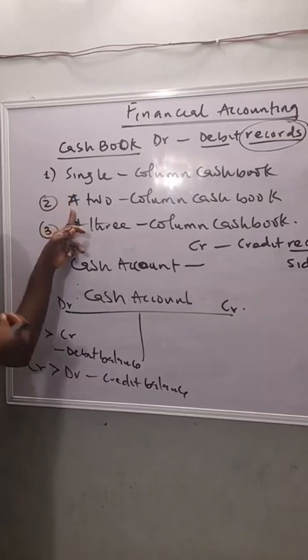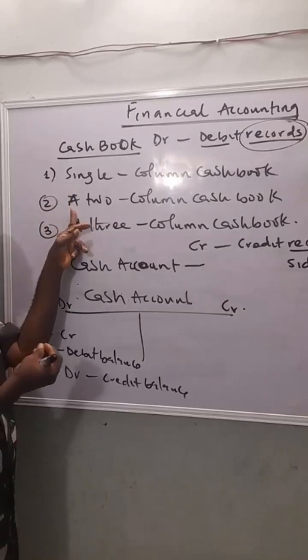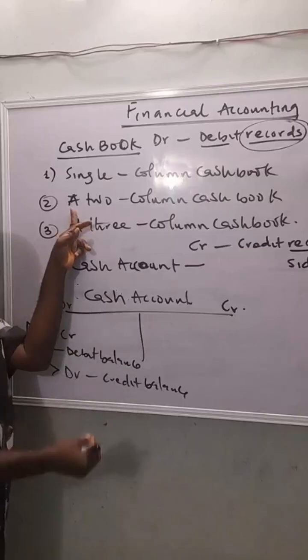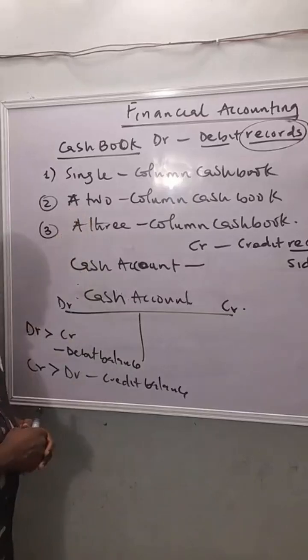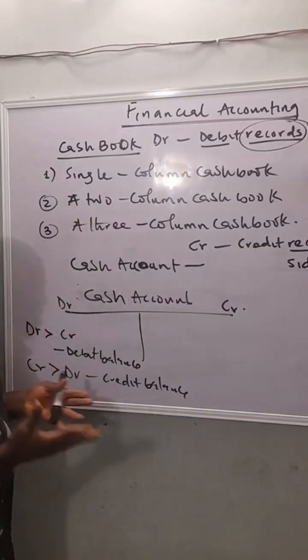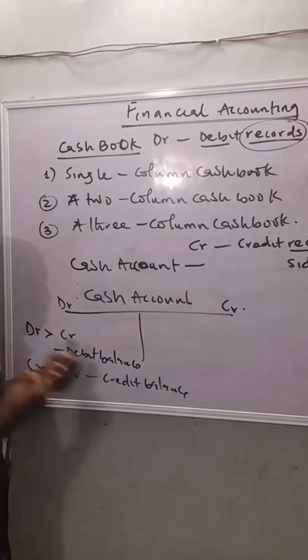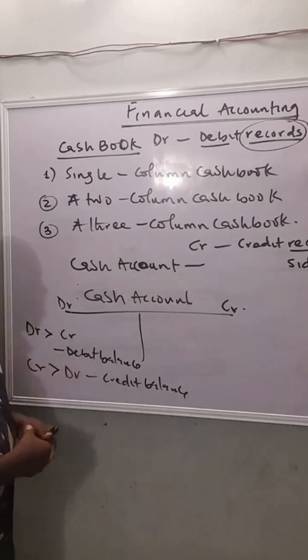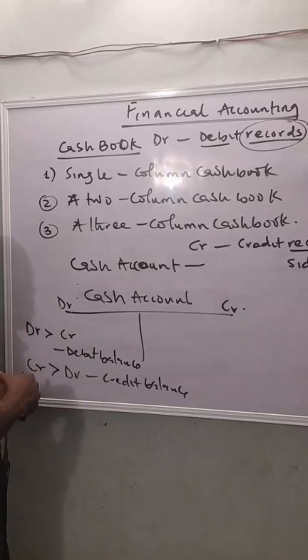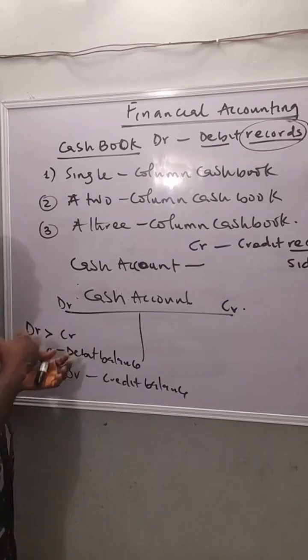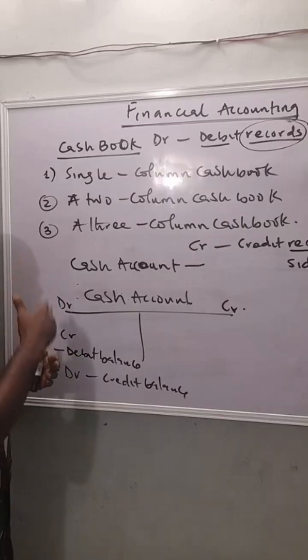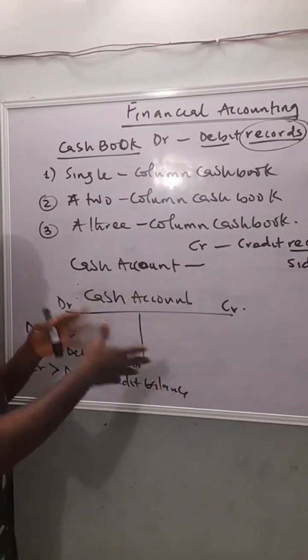The next one is a 2-column cash book. That means a combination of cash account and bank account makes it 2-column. That is a ledger involving 2 transactions at the same time. On the debit side, you have the column for cash and the column for bank, apart from the other columns that have date, particulars, and folio.